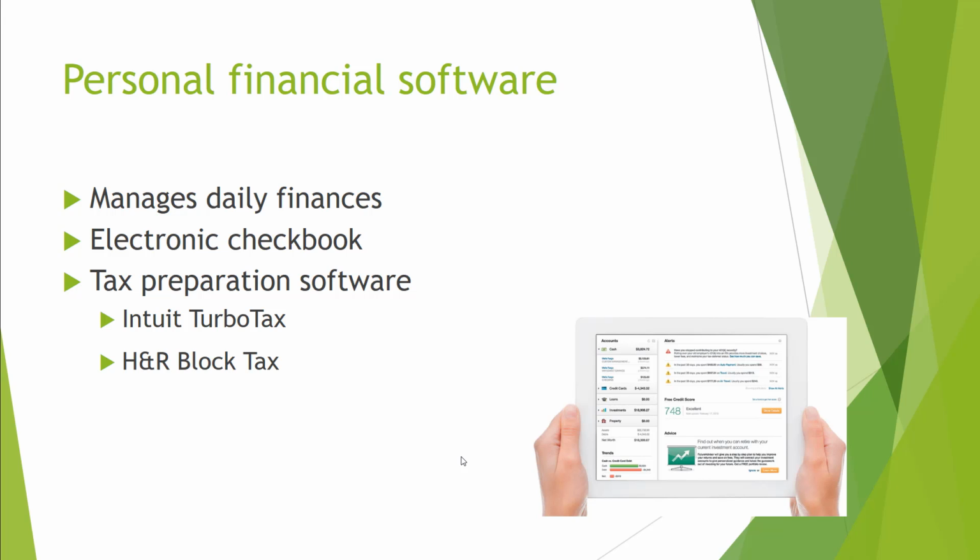Some financial planning software does include electronic checkbooks, registers, or automatic bill payment tools. You could do things like recurring monthly payments. So if you know your cable bill is always going to be the same price, you can set it up so it automatically sends a check out for that every month. Or for your rent or student loans, those types of things.